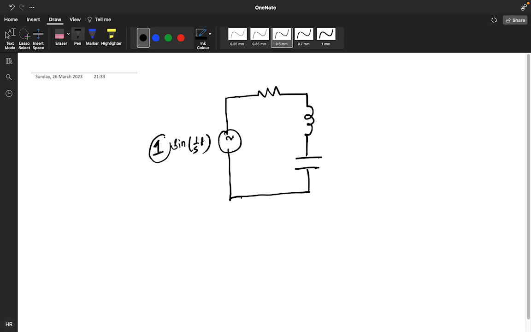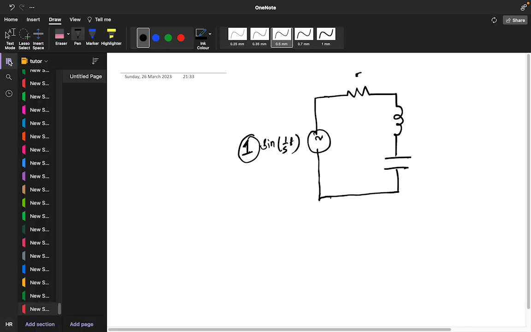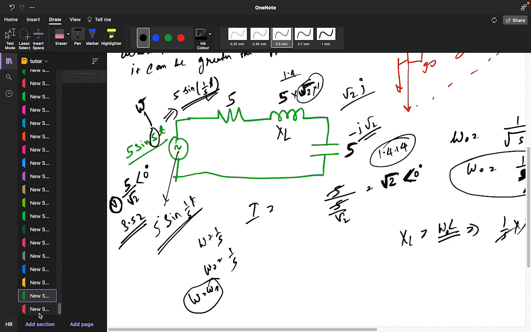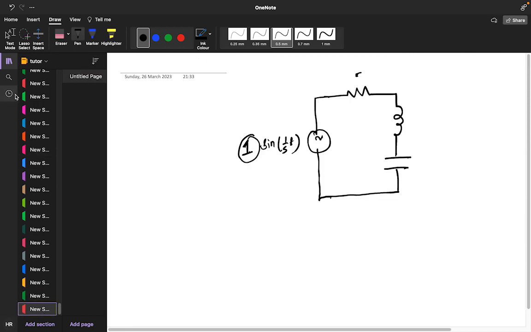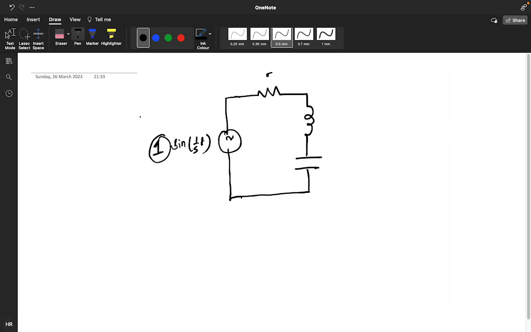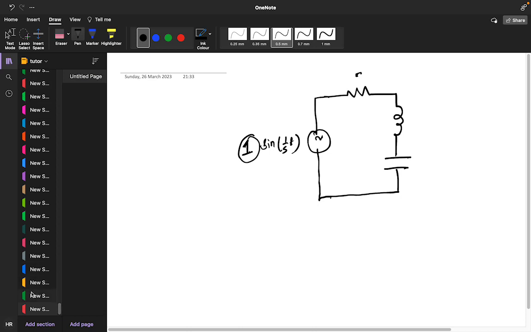Okay, I change the value of the applied voltage.